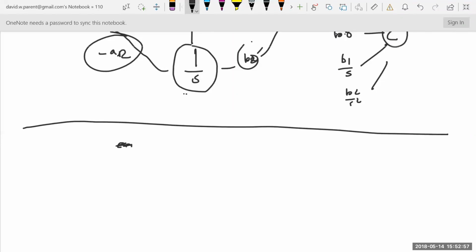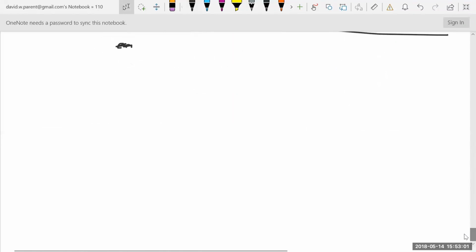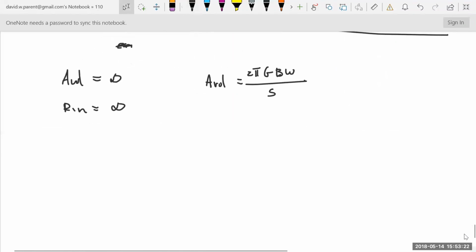with op amps is that in the past, we've just said, oh, the open loop gain is infinity, Rn equals infinity, and then we derive some things. But no, an op amp at the simplest level is like gain bandwidth like this.